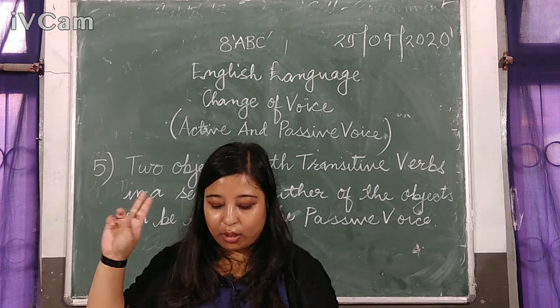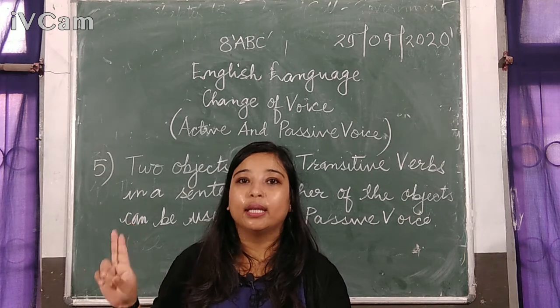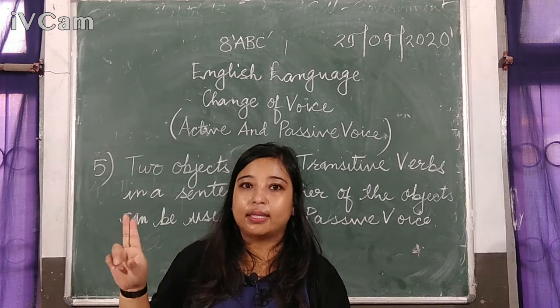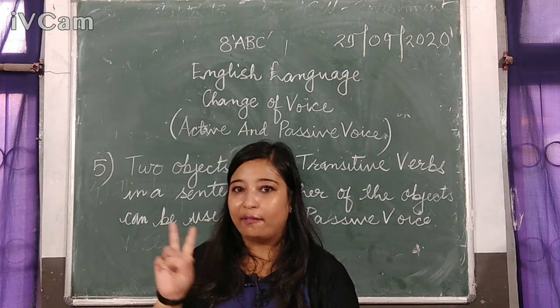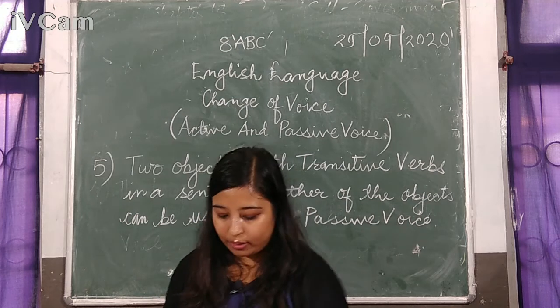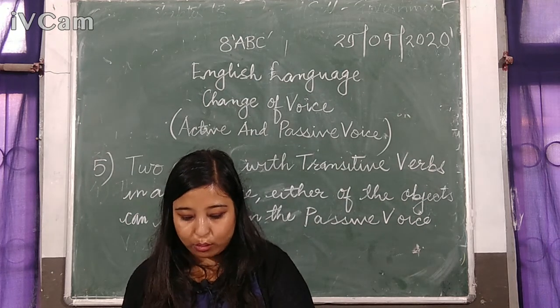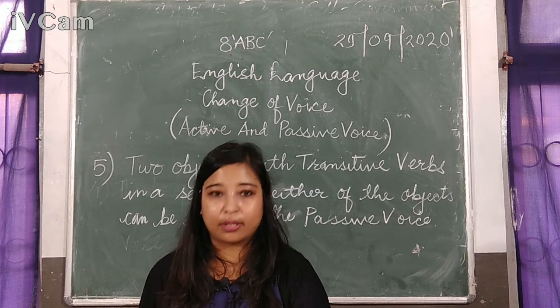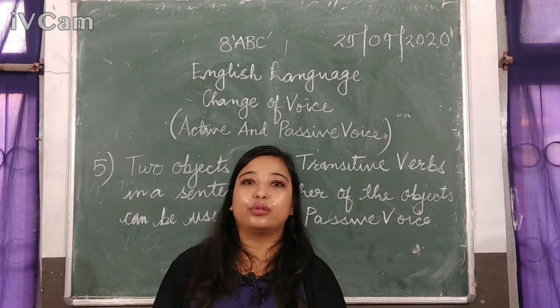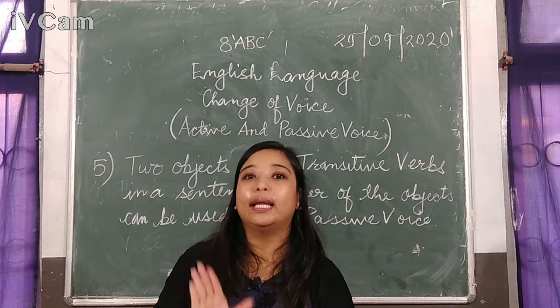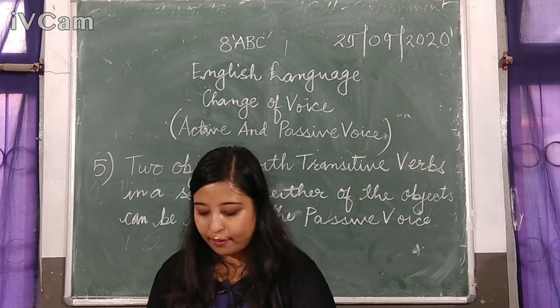So there are 2 ways of writing the sentence in the passive voice if you have 2 objects. These are the 5 rules that you have to follow, I'm sorry, it's not 6, while doing the active and the passive voice.